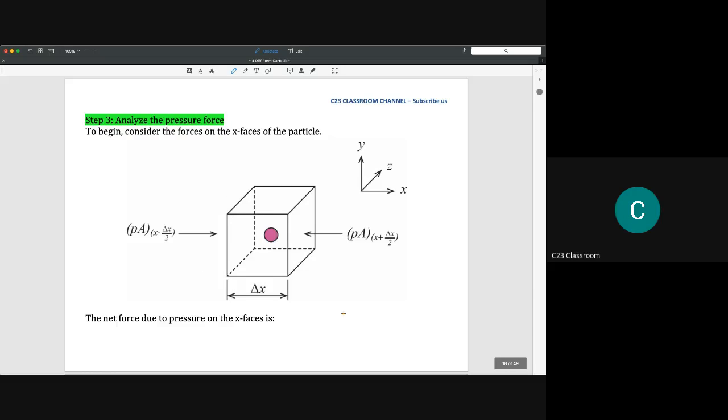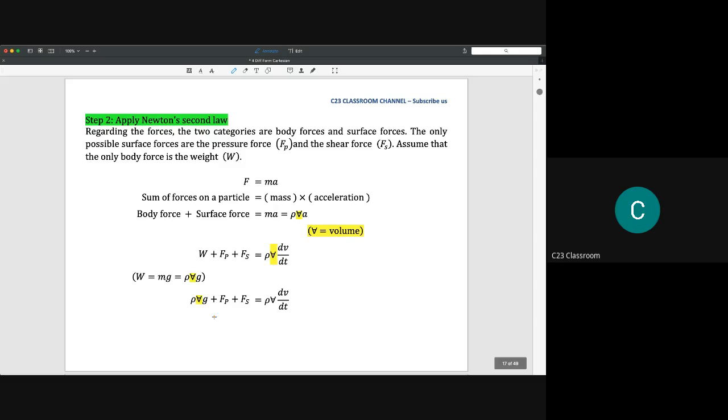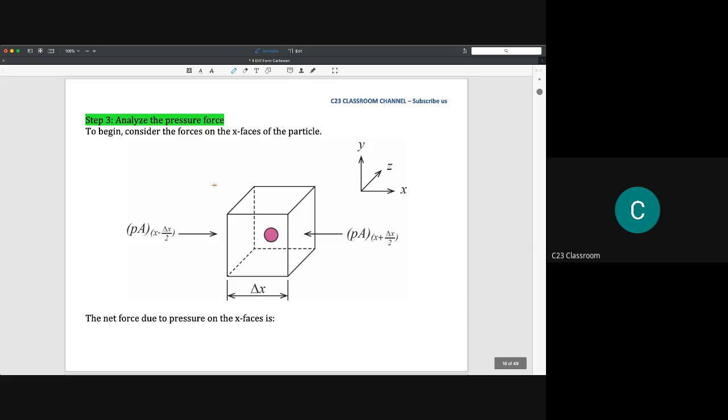So what we are going to do here is try to get a term expression for the pressure force and the shear force. We are going to calculate the pressure force first. For example, this is our particle here, and we take the center point as our reference point.